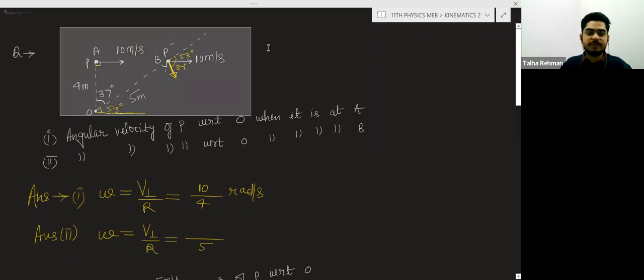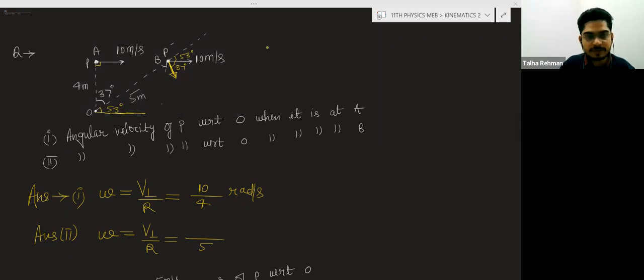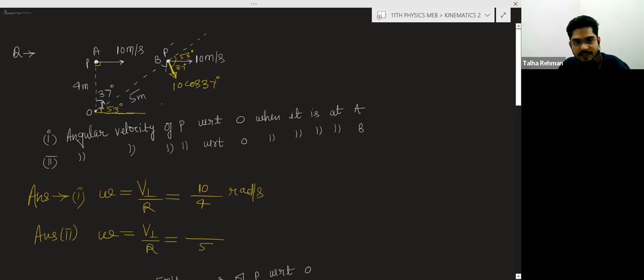Ten cos 37. Very good. Basically, this thing we want to find now: V perpendicular. What is the meaning of V perpendicular? Velocity perpendicular to the distance. So V perpendicular here is 10 cos 37.